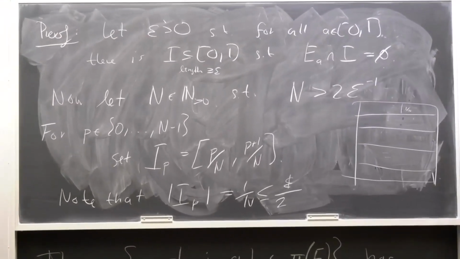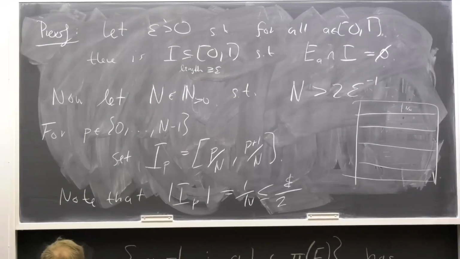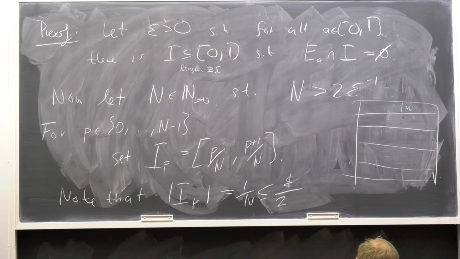So thus, if you now believe this kind of counting principle, each A now has to miss one of these intervals I_p, simply because they're so much smaller than the intervals that we know A has to miss.